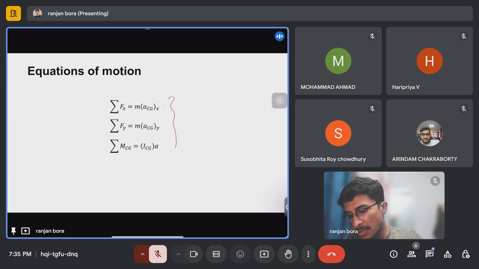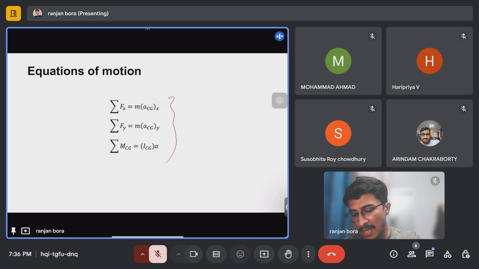These three equations are: summation Fx equal to ma in the x direction, summation Fy equal to ma in the y direction, where a is the acceleration and m is the mass, and summation M equal to I alpha.